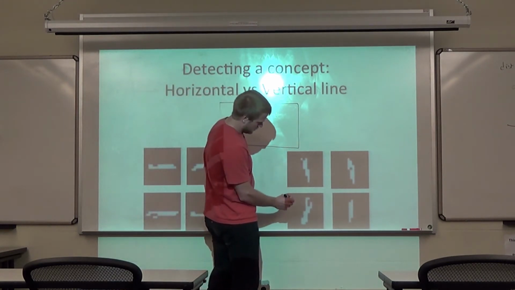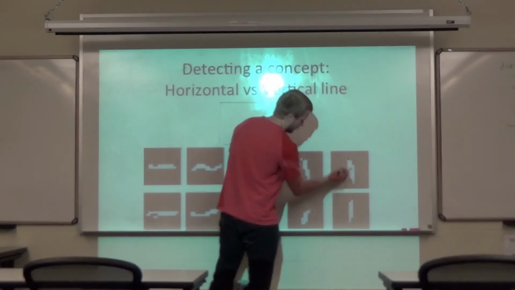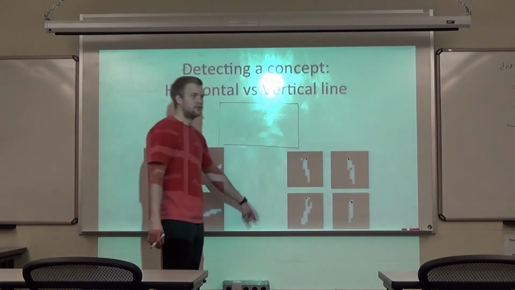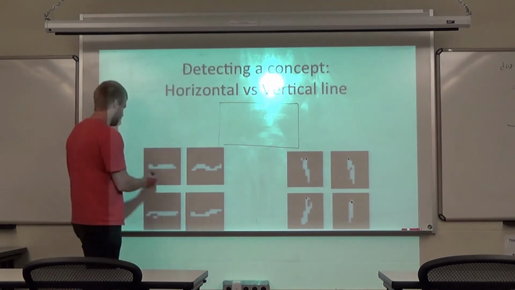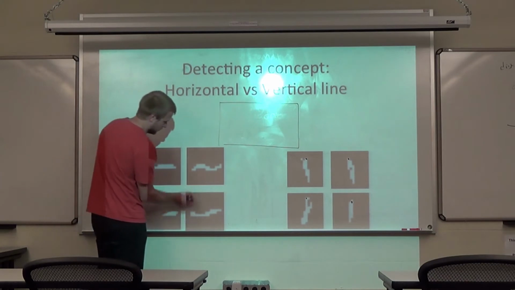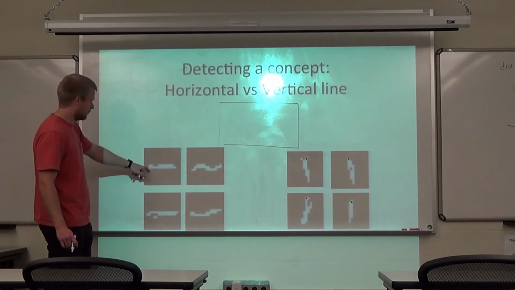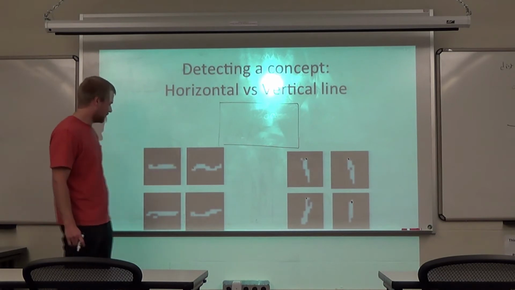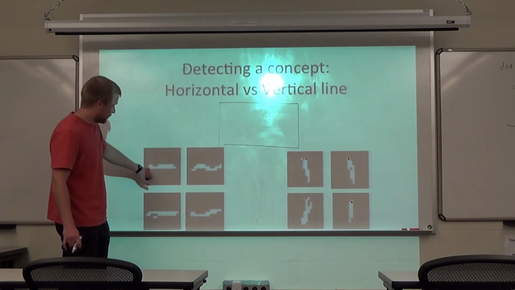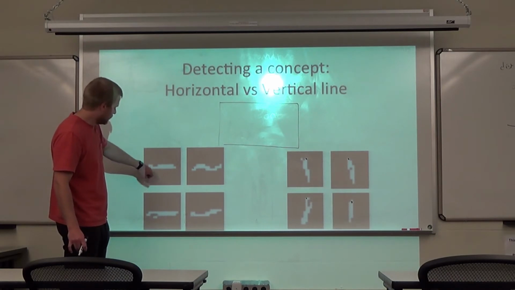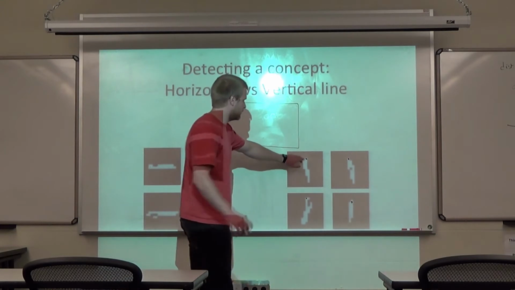Let's say that the pixel here, here, here, and here are the same. They might not be, but just say they're the same. And then the pixel here, here, here, and here are the same, meaning that this is the ij pixel, and same with this. In all of these cases, these pixels are on, but they're off here, and vice versa for the pixels here.